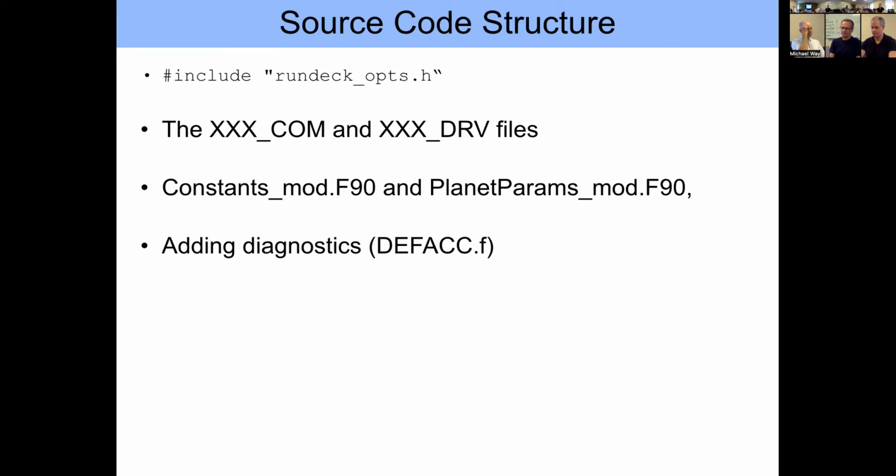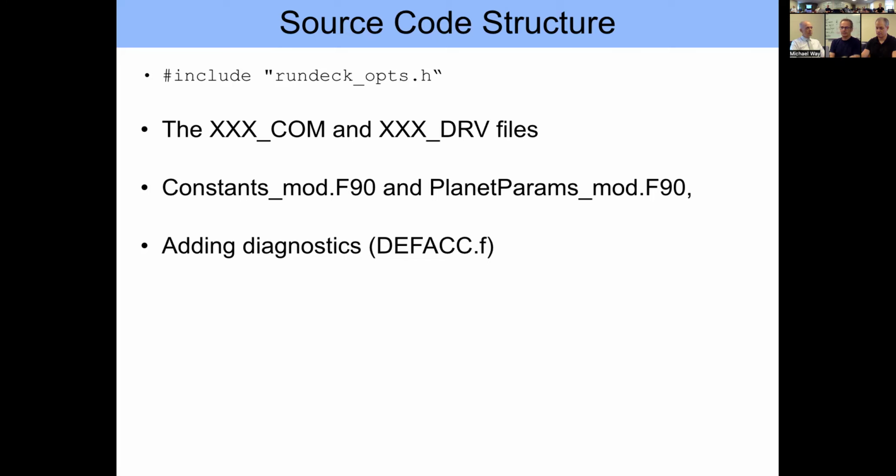And then in general, the recommended way, if you want to write new code, is, let's say you have a new functionality that you're adding, so you know how to name it. This is a triple X that you see there. And then there is a com component, which is essentially a module that holds the variables that you need for your new code.